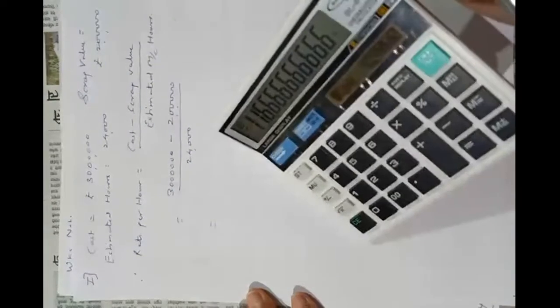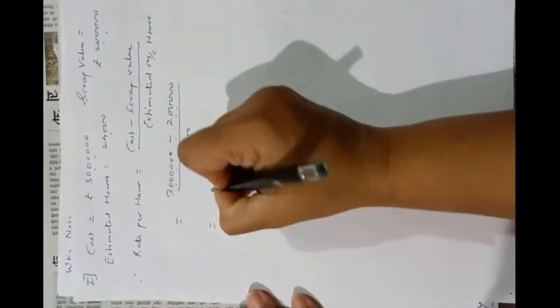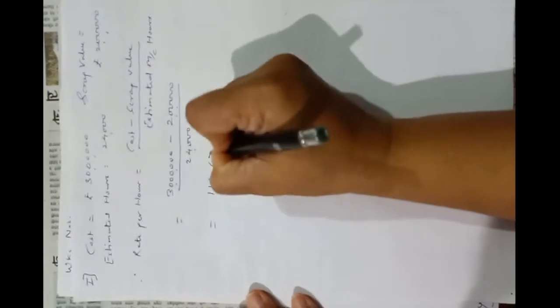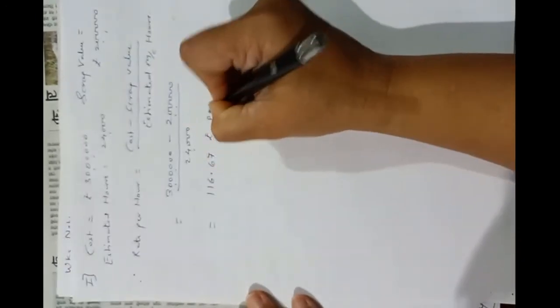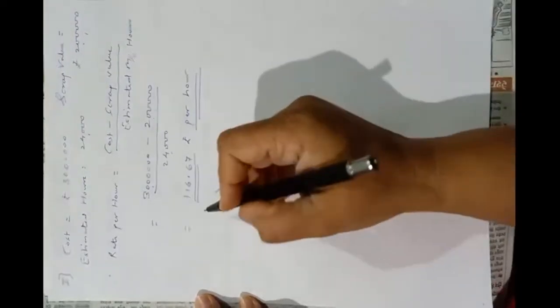It is 116.67 rupees per hour. See, this is the rate. Now we will calculate the amount of depreciation.